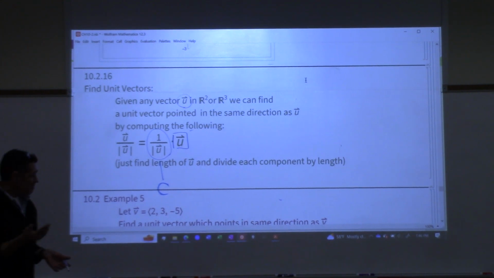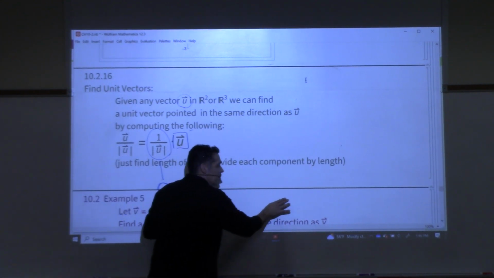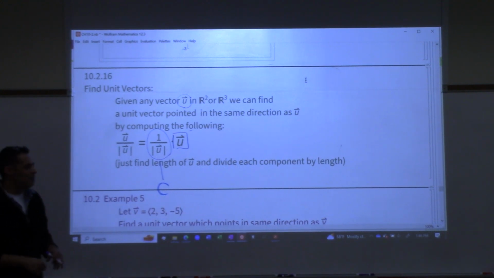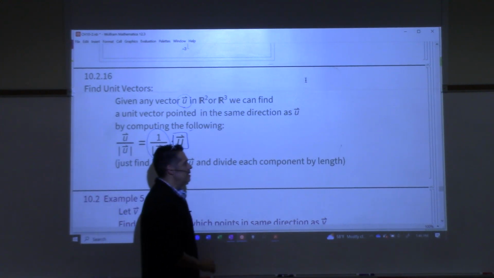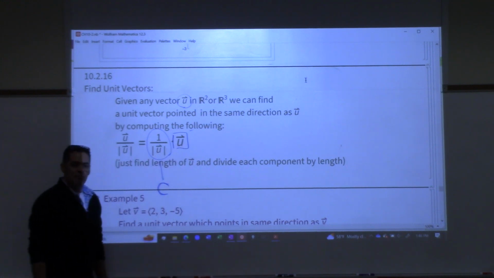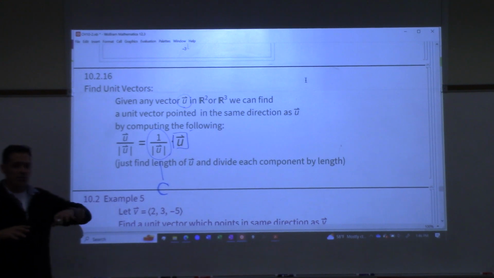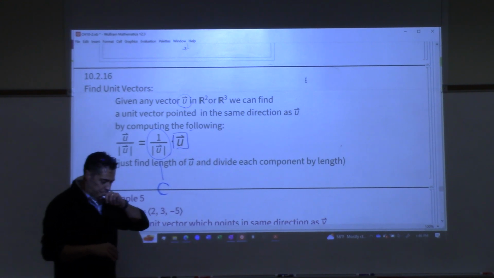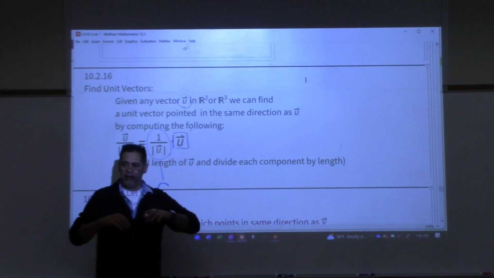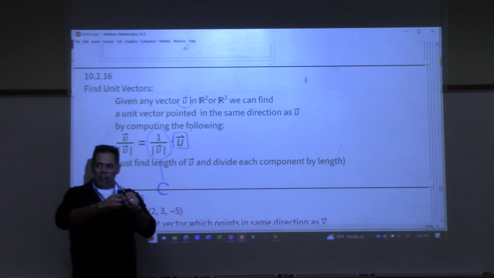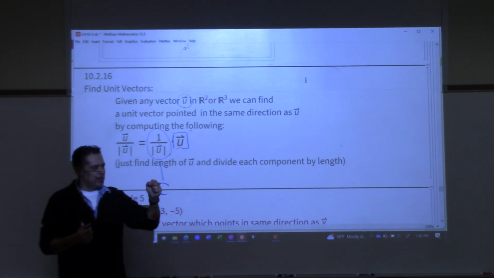Now, are you wondering why you'd ever want a unit vector? Maybe, I don't know. I don't want to get too far ahead of ourselves, but later on, when we're dealing with vectors, vector functions, and we're dealing with things like vector fields, like electromagnetic fields, we can imagine an object that has, or gravity. Gravity is a little easier for us to understand.